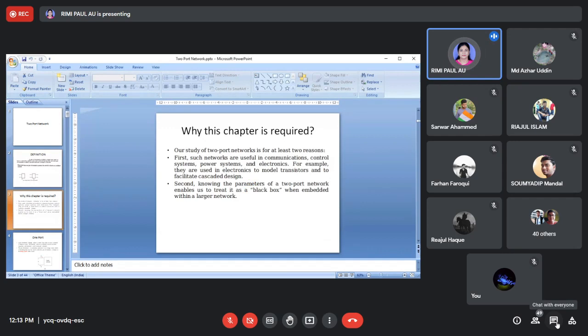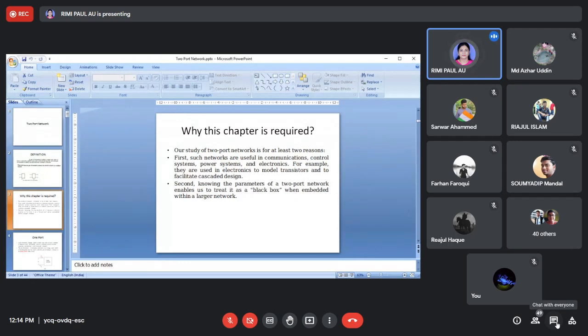Now, why is this chapter required? Because the two-port network is useful for control, communication, and power systems. Most of the time, when you work on a transmission line, it is a large network. Suppose you consider two lines with coils present, which you can take as RL, and between these two lines a capacitor is present.